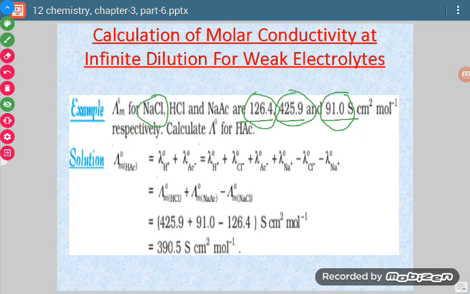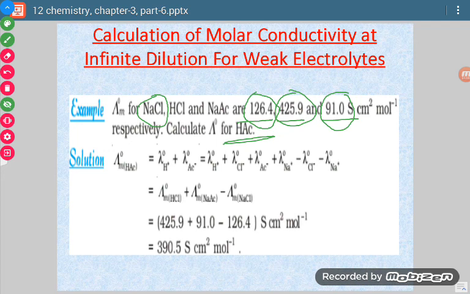Now we have to use these values just like algebraic equations. What is required is HAc, which means CH3COOH. CH3COOH will give two ions, CH3COO negative plus H positive. So we need the sum of the acetate ion molar conductivity and the H positive ion molar conductivity.